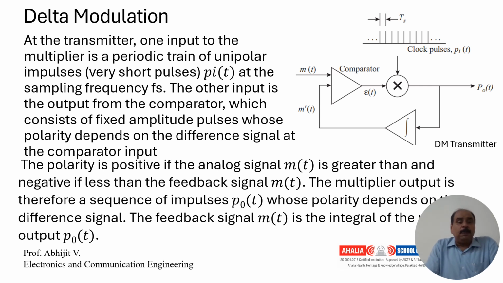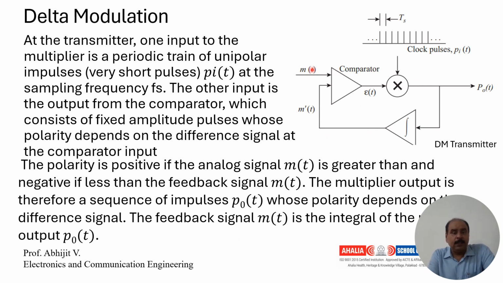So the working principle, how a delta modulator works. In the transmitter multiplier, one input is a periodic train of unipolar pulses, very small pulses, and the other one is the output of a comparator.